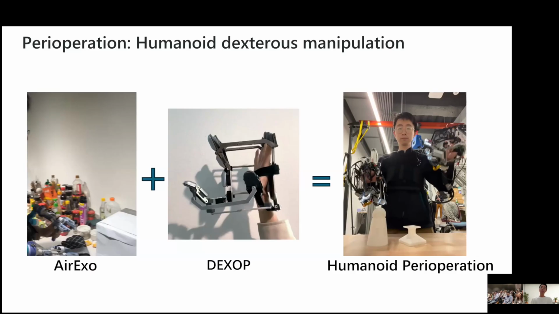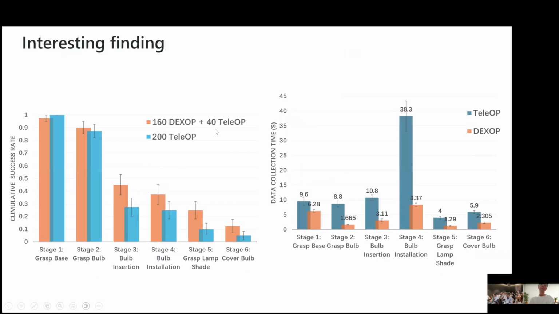Yes. For our experiments, we use both perioperation data and teleop data. The reason we use teleop data here is that there are two reasons. One is when we assemble the arm exoskeleton in-house, there are some errors introduced by, for example, when we cut the carbon fiber, or when we assemble different parts, or when we calibrate the sensors.